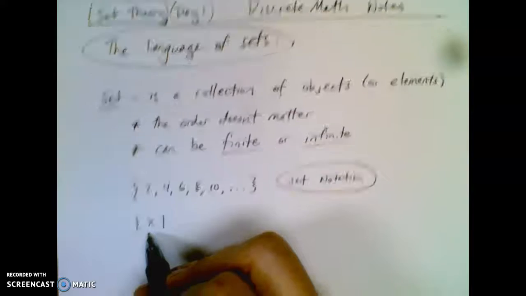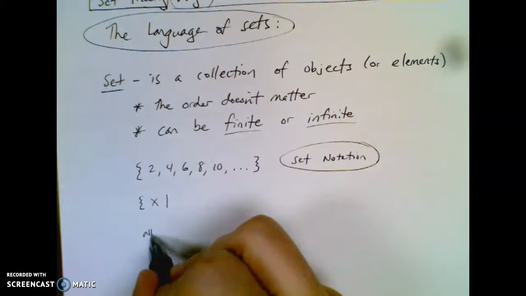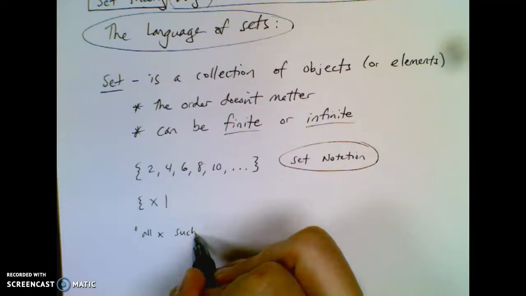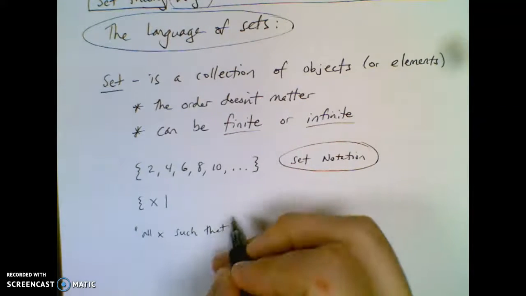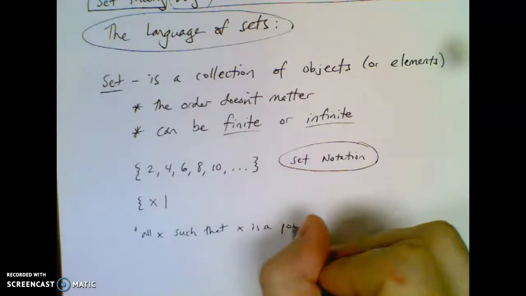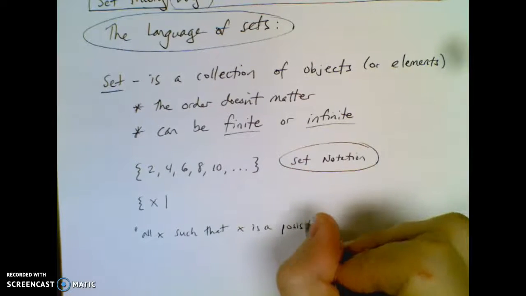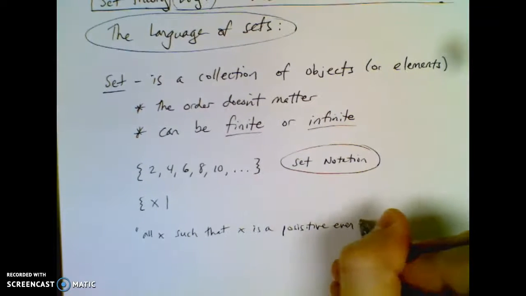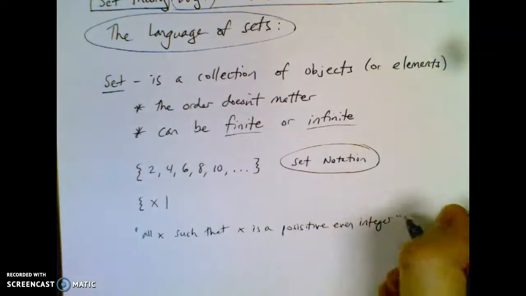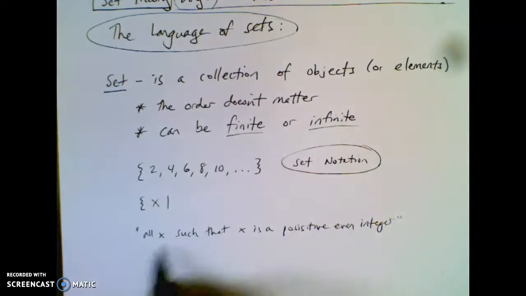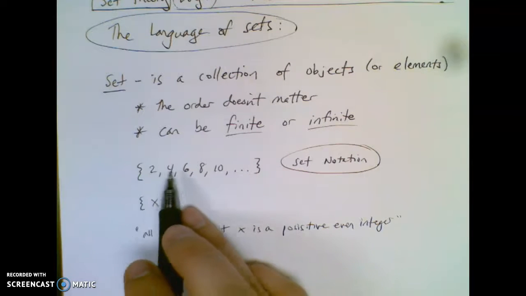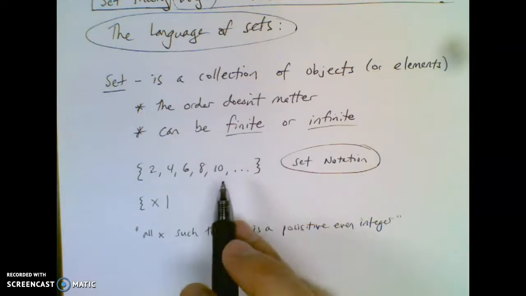When you write this, this means all x, I'll write it in words, such that x is a positive even integer. Okay, so here's what it looks like. If I want to say this in words, which is, by the way, the same set up here, 2, 4, 6, 8, 10, those are positive even integers.